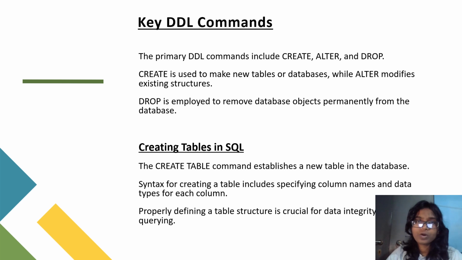But instead of contact number, I would like to change it into phone number, so I will be using alter to modify the contact number into phone number. And for drop, if in employee names some employee like ID 002 is not working properly, we want to remove his name, so we will be using the drop keyword to remove that name permanently from the database.